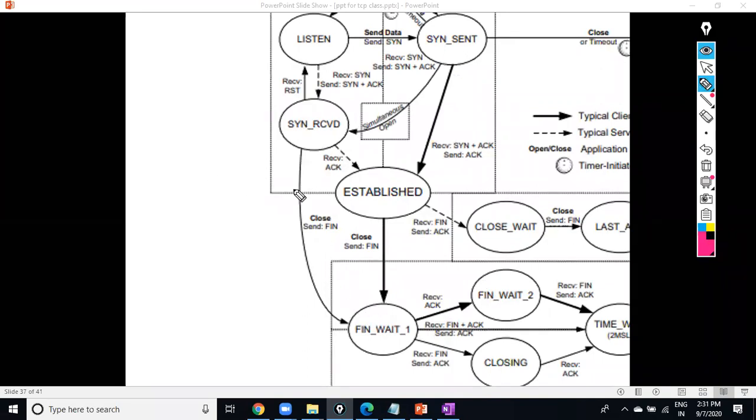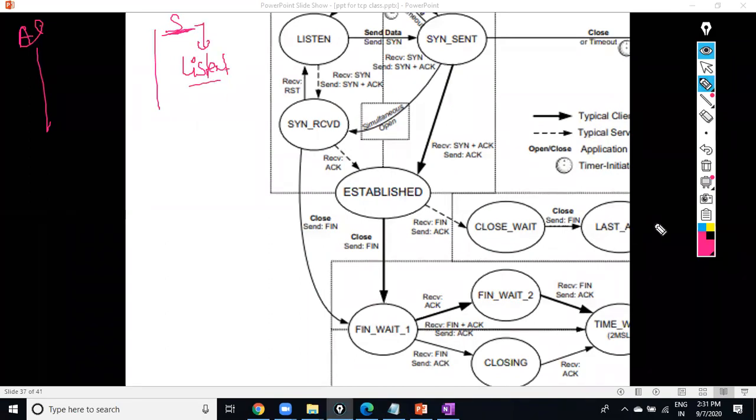On both sides, let's consider I'm a server and I'm the active one. So the thing is, I'm the server, and I'm the client. As a server, first of all, I'm in which state? I'm in the listen state.